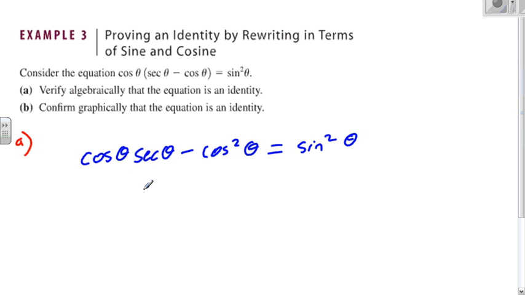Secant is 1 over cosine. So we have cosine over 1 times 1 over cosine. So that would be cosine over cosine, which is just 1.